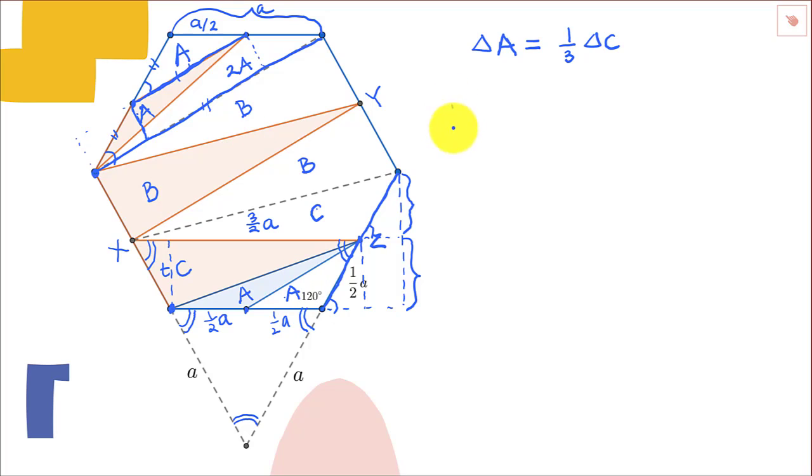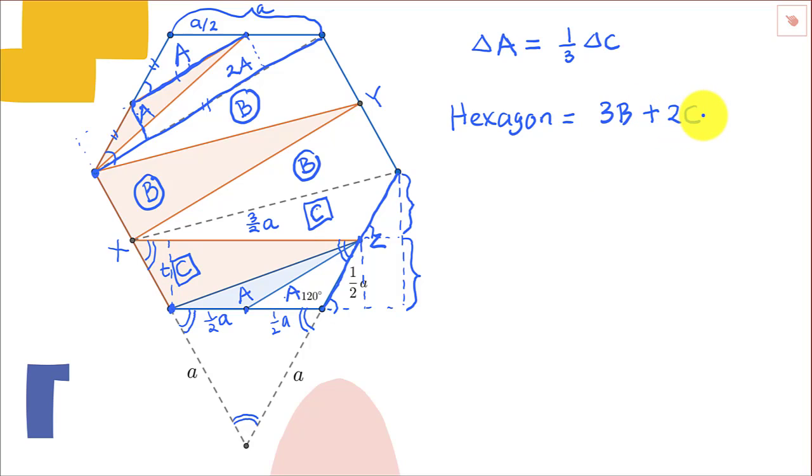So there are 3 B's, which is this one, that one, and that one. And there are 2 C's, and there are 2, 3, 4, 5, 6 A's.